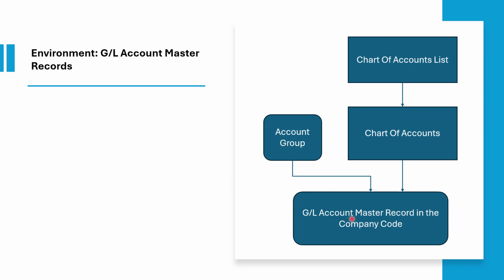Then the last object is the GL account master record in the company code. As I explained earlier, it contains company code specific information which controls the entry of data to this account and the management of this account. So that's all about the environment of the GL account master records.